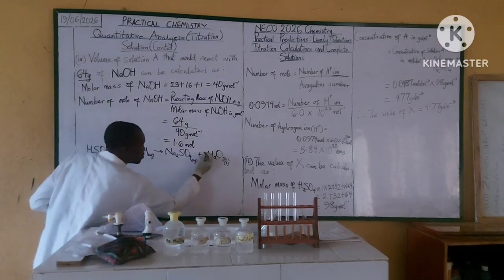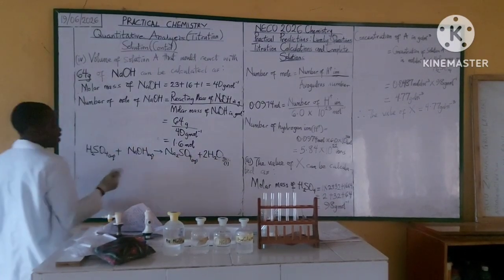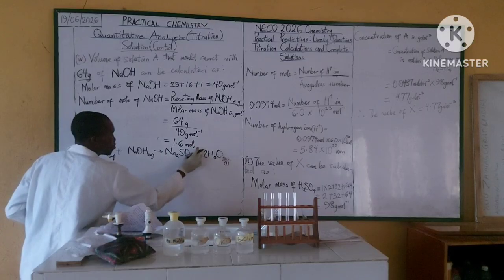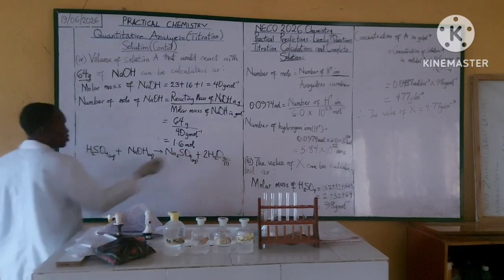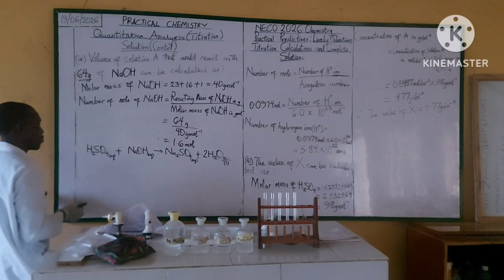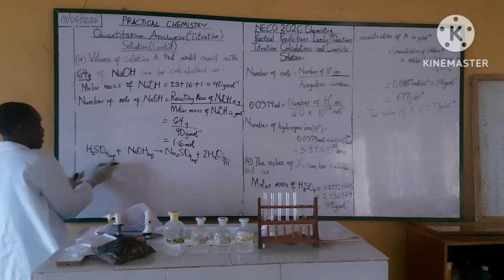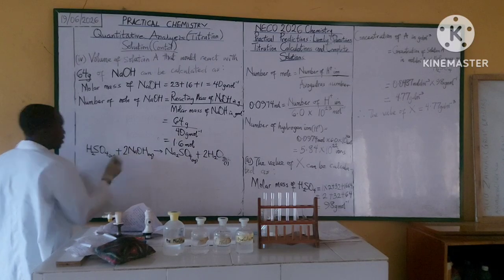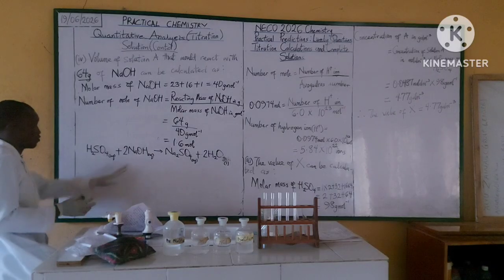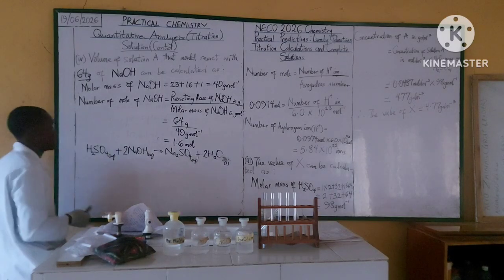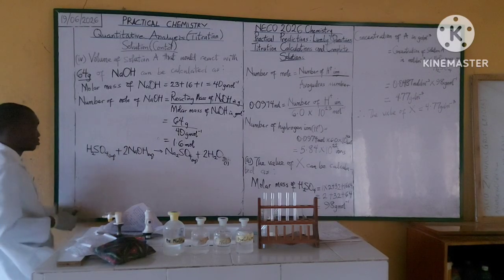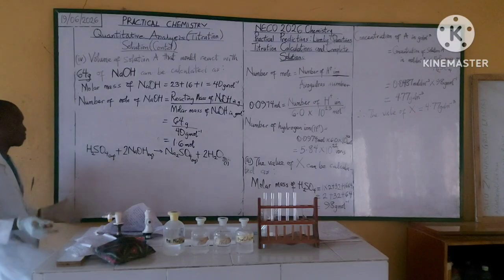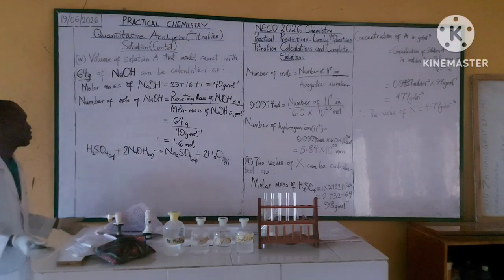That means we need to come over here and put the coefficient of 2, which has to be an even number. 2 times 2, we have 4. Hydrogen is 4 here, then we put 2 here. Then that makes hydrogen 4 at the reactant side and 4 at the product side too. Of course, sodium becomes balanced, and everything else becomes balanced as a result.